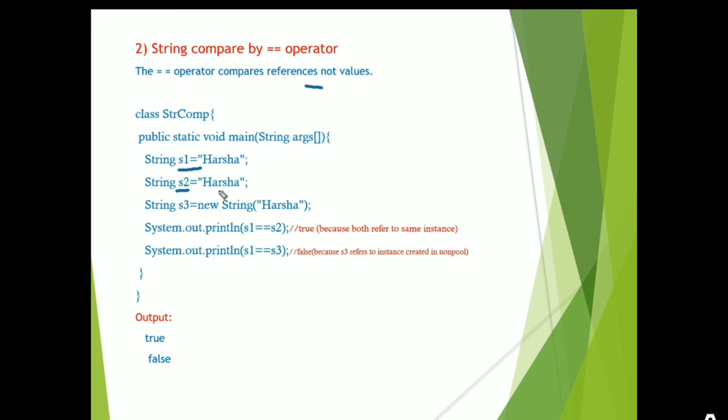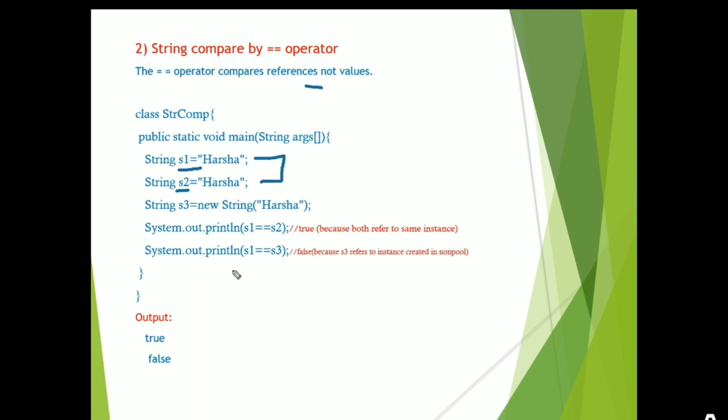Here you observe that it was created the first time, and the second time, as it is the same text, it refers to the same one. And s3 is created with new String, which creates an object and refers to the text. When we compare s1 == s2, it is true, because both refer to the same instance.